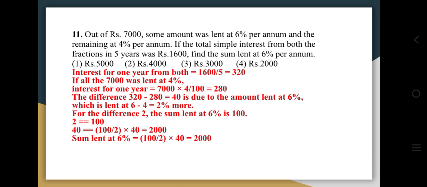The difference between the two interest rates is 6 minus 4, that is 2%. So the difference is 2%. 2% means if the difference amount is 2, then the amount lent at 6% is 100.